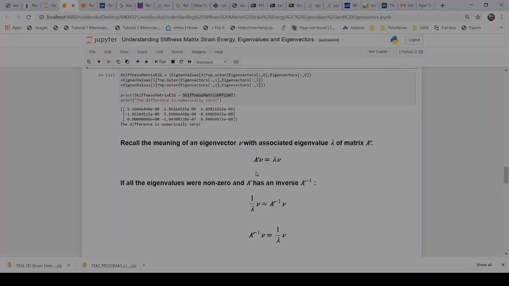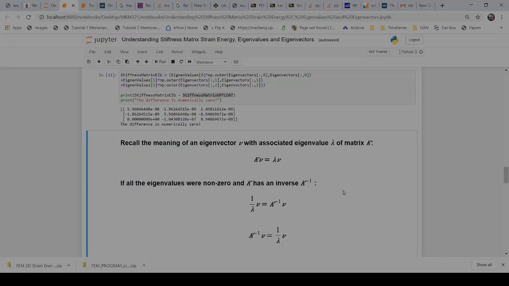If we look at the definition of an eigenvector, it's just these special vectors that, if I multiply them with the matrix K, the direction doesn't change, only the length. That's really what it means.